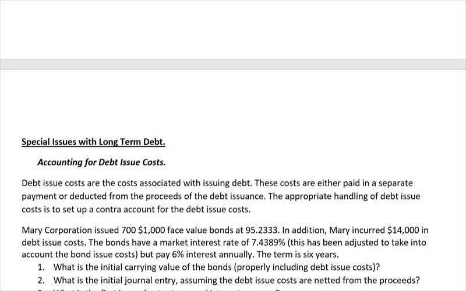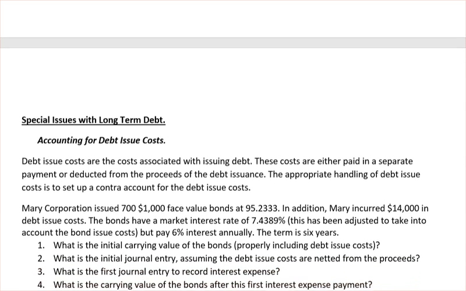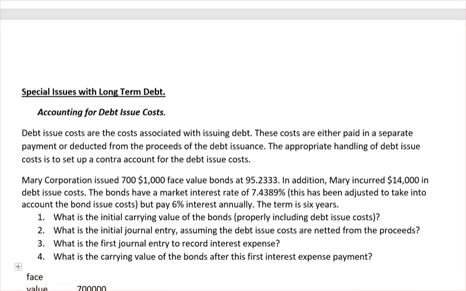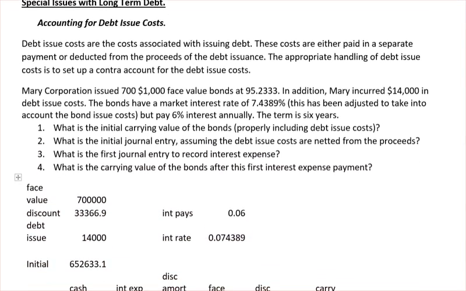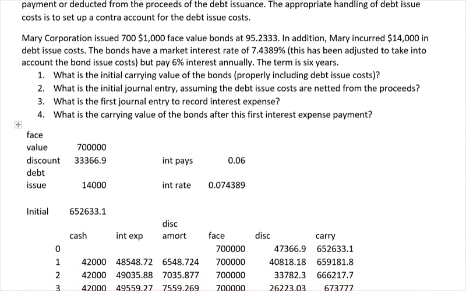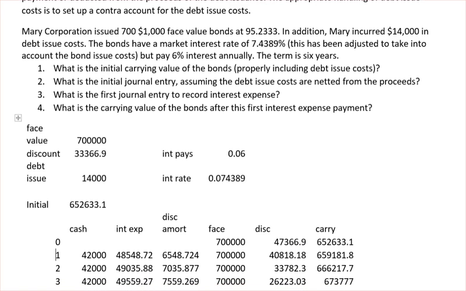So the initial carrying value, the journal entries, the interest expense, and how you do this is recorded within the table. So you actually create this discount to include the 14,000 that's being paid.